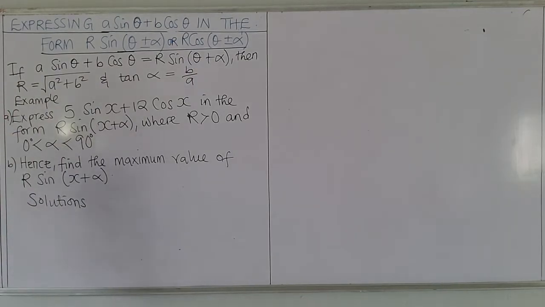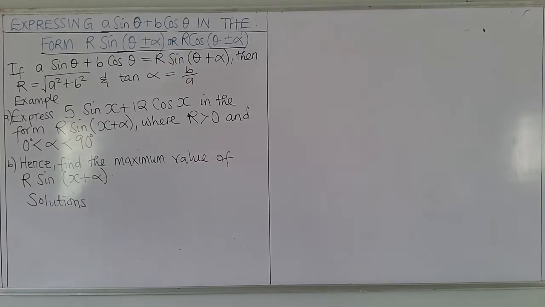The example reads: express 5 sine x plus 12 cos x in the form r sine of x plus alpha, where r is greater than 0 and alpha lies between 0 degrees and 90 degrees.